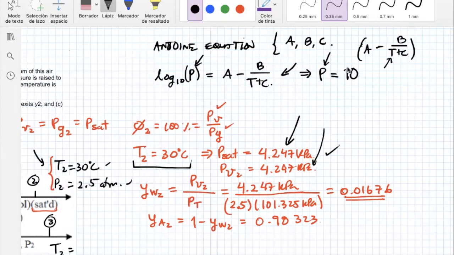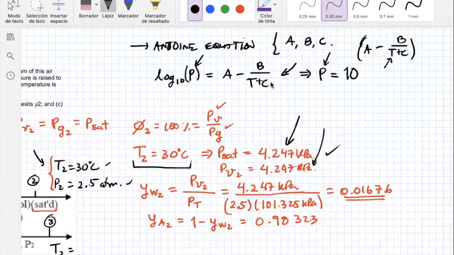So you need to be aware of which units the temperature should be in, and what the units of pressure will be after solving with this equation.